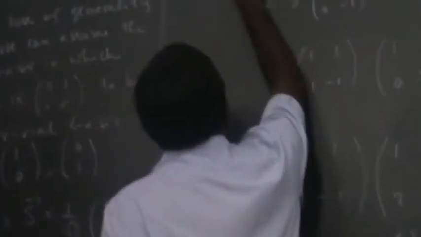That can be proved, that can be analytically shown also. You can argue that in a simple way like this.